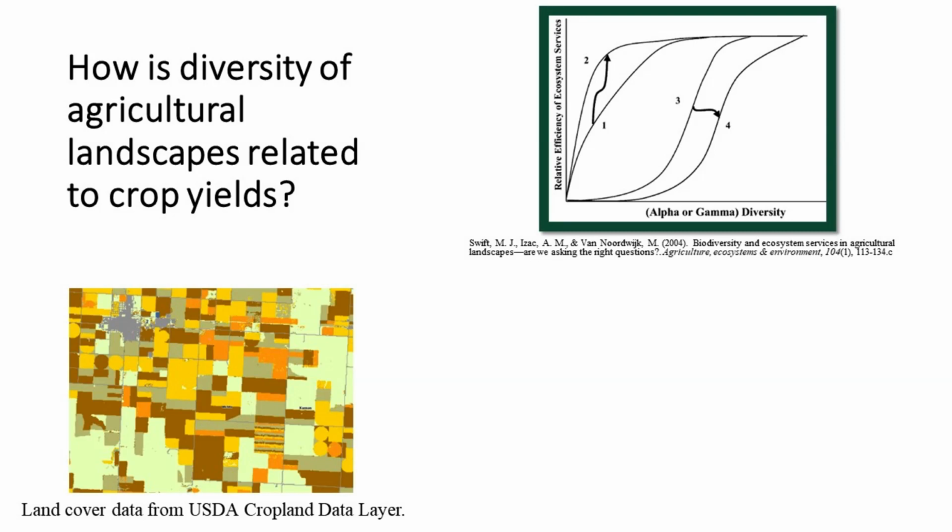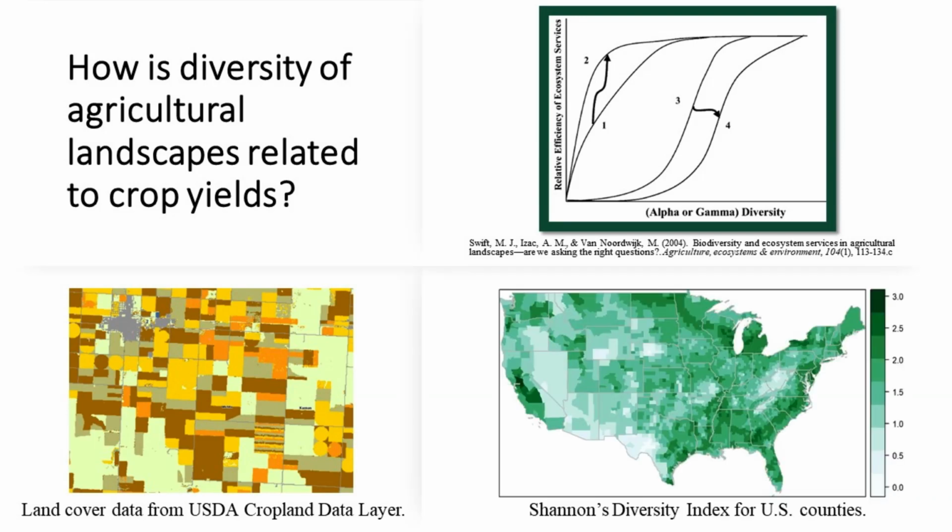We use this land cover information then to construct a data set of diversity metrics. There are lots of different diversity metrics, and here I'm just showing you one example. This metric is called Shannon's Diversity Index, and it measures diversity in terms of the number of unique different types of land covers, as well as the amount of area that each land cover takes up.